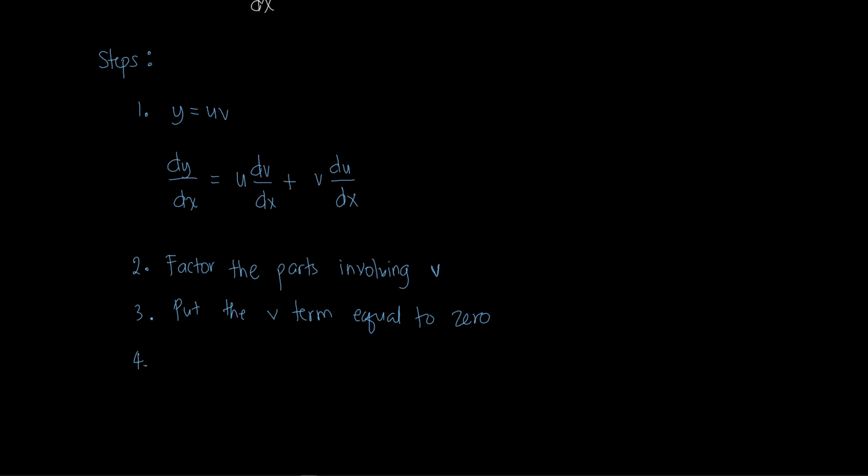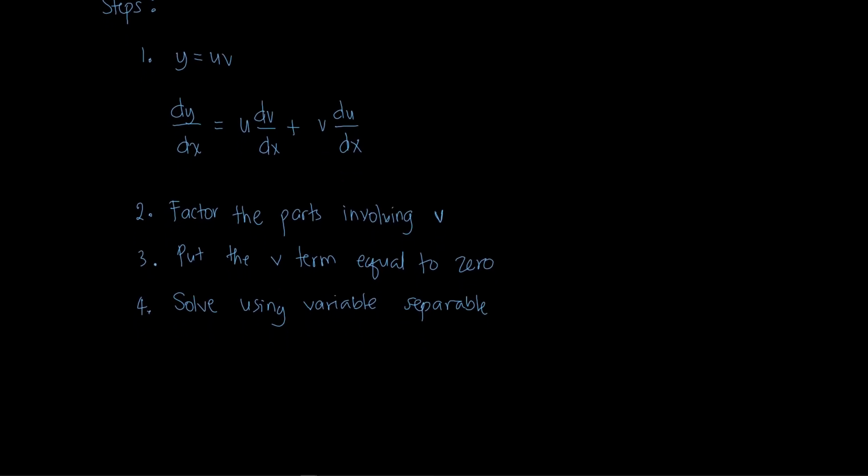So, sa step 4 is, solve na to using variable separable. Then, step 5 na to is, i-substitute na to, substitute u back to the equation. So, substitute u back to equation.